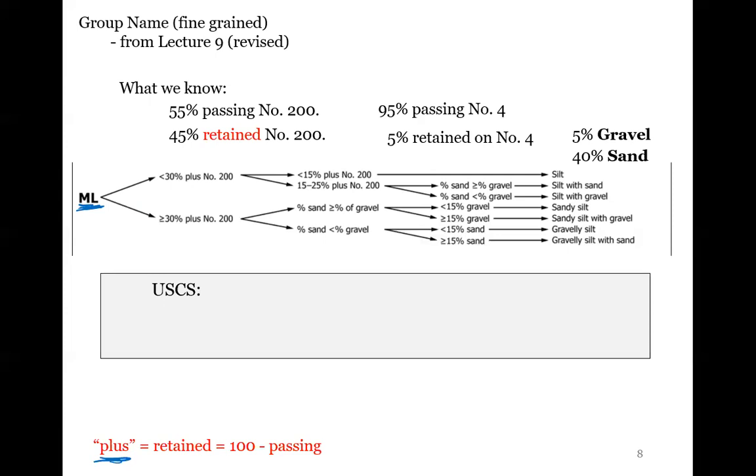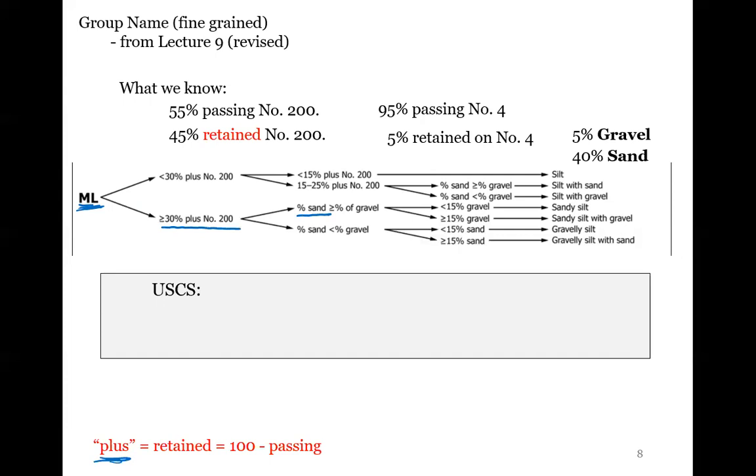So we have 45% retained on the number 200 sieve. So that means we come down here. We have 5% gravel and 40% sand. So our percent sand is greater than our percent gravel.